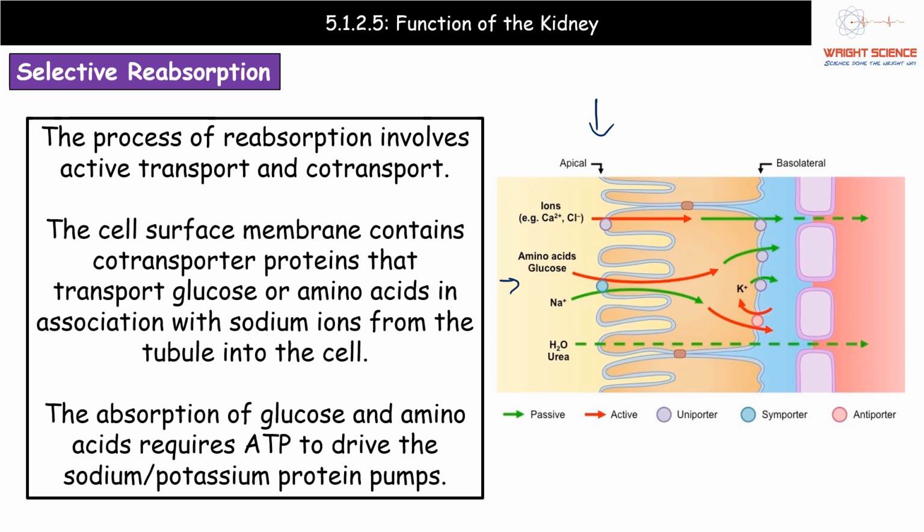Now, what we're going to find is that in order for this to actually be carried out, we need ATP. And the ATP is going to be used in another pump, the sodium-potassium pumps. So what we're going to see here is we then need to utilise that ATP to actually cause those sodium-potassium pumps to work.